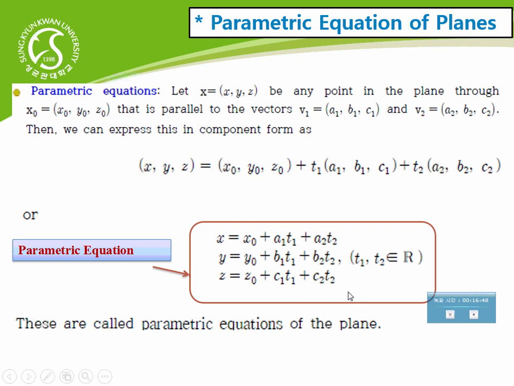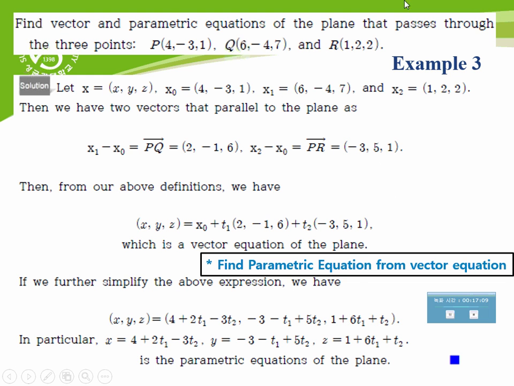Like what you did before, where we had only one parameter, now we have two parameters, because we are dealing with the plane, not the line. So this is called the parametric equation of the plane. Same concept.